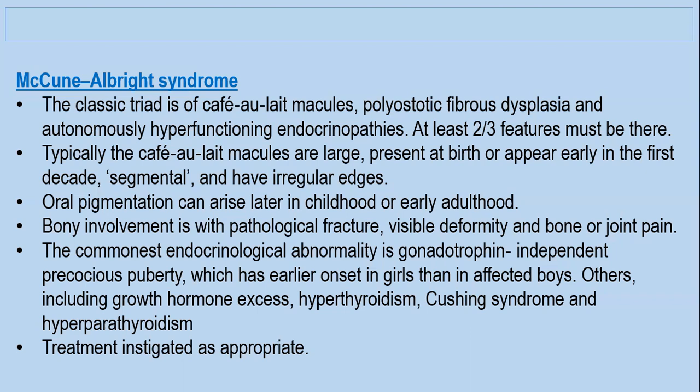Other defects include growth hormone excess, hyperthyroidism, Cushing syndrome, and hyperparathyroidism. So all kinds of excesses: growth hormone, thyroid hormone, cortisol, and parathyroid hormone. Treatment is instigated as appropriate, as the appropriate endocrine abnormality or bone defect is seen.